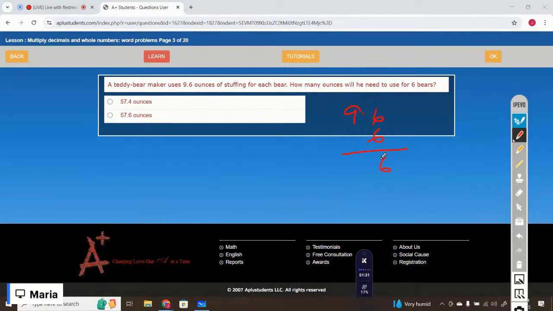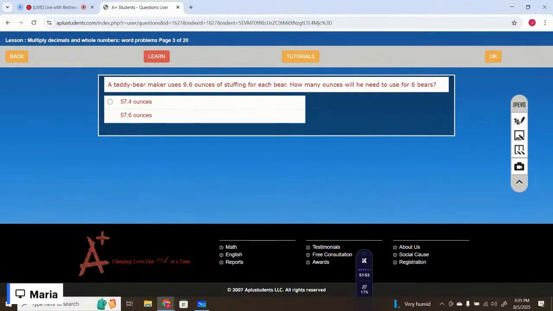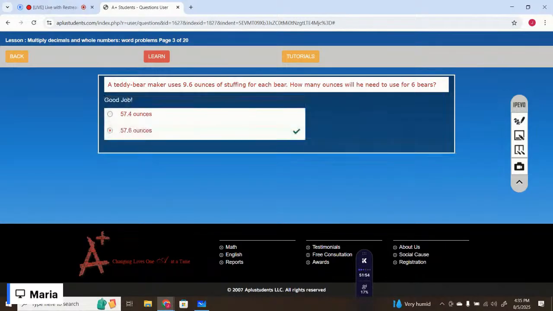Write 6 and carry 3. 9 times 6 is 54 and 3 is 57. So that is 57.6 ounces. Option number 2 is the correct option.